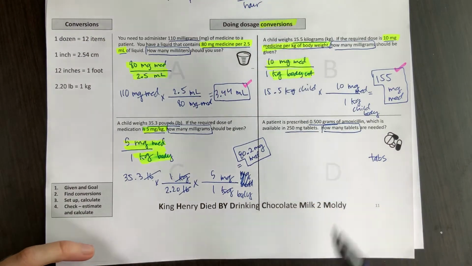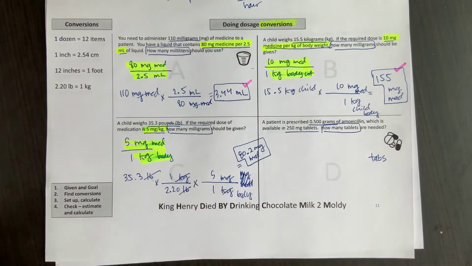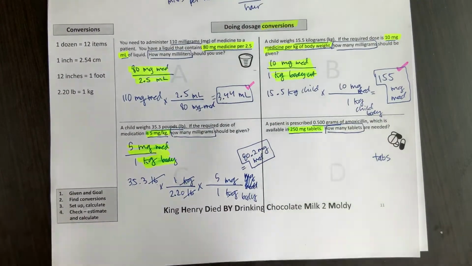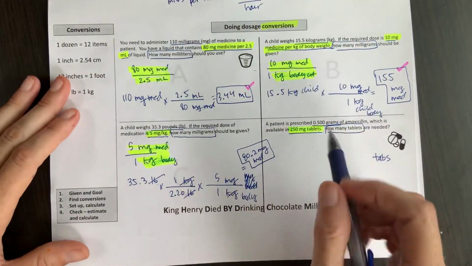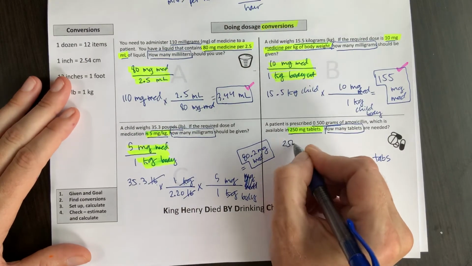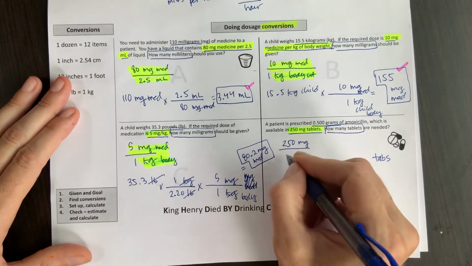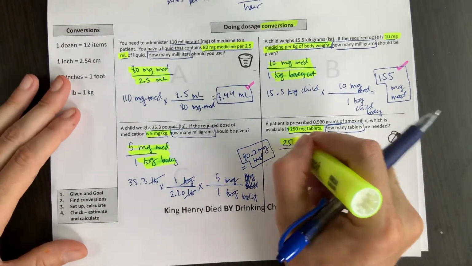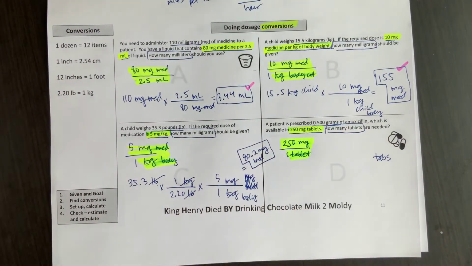So here, I'm going to think about these tablets as a conversion. And again, on these dosage conversions, really what we're looking for is how to read into the problem to find a conversion. So I'm going to say 250 milligrams for every 1 tablet. And that is my new conversion that I'm using in this problem.